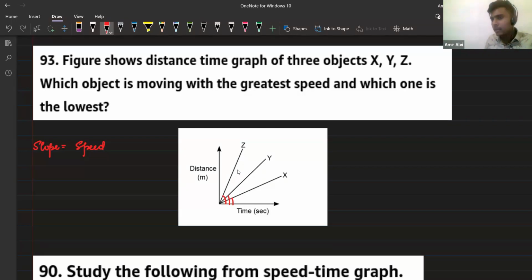It is more steeper. So this will be the greatest speed, and the lowest angle made with the x-axis is given by the object X. So this is lowest, and this is greatest. Or you can say slowest and fastest.